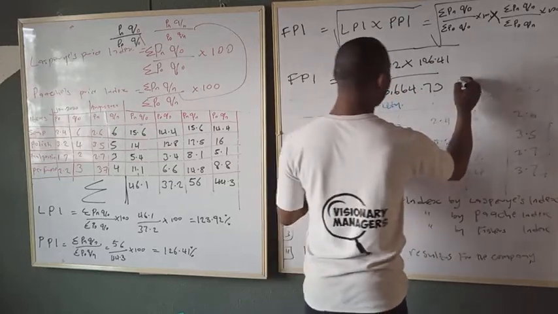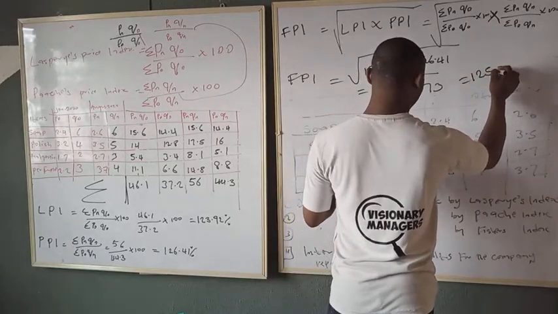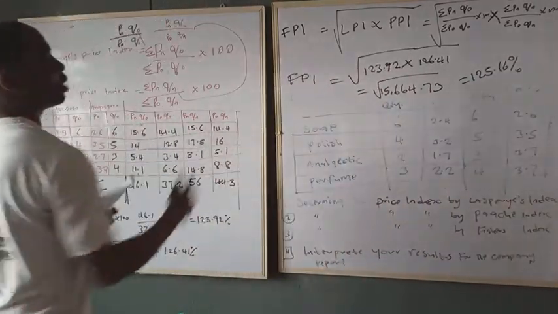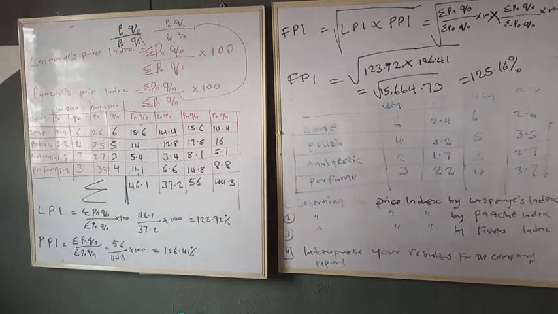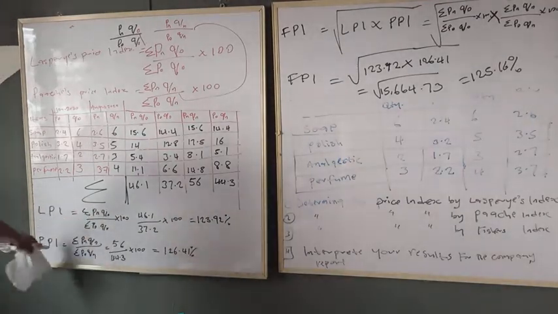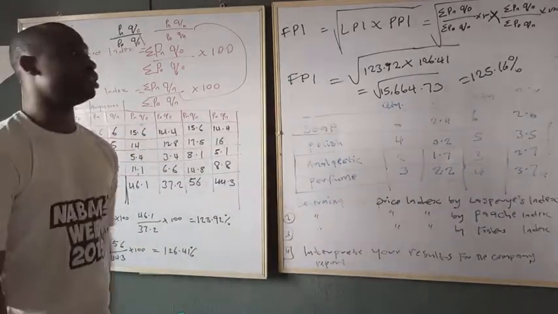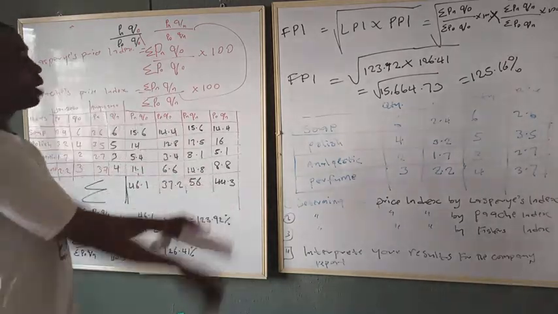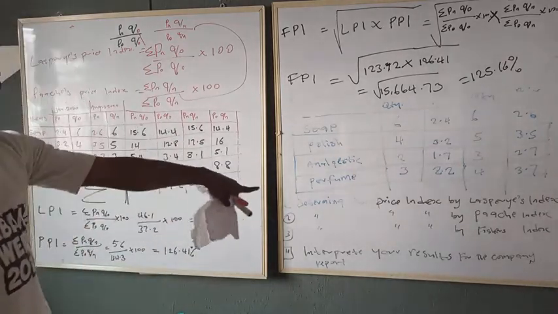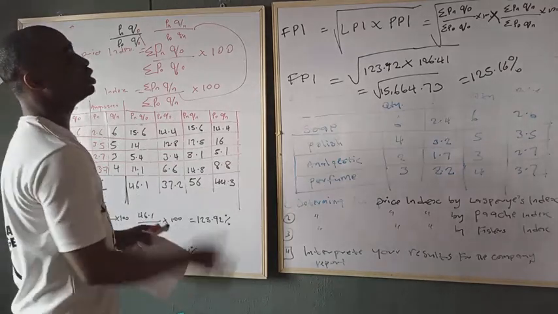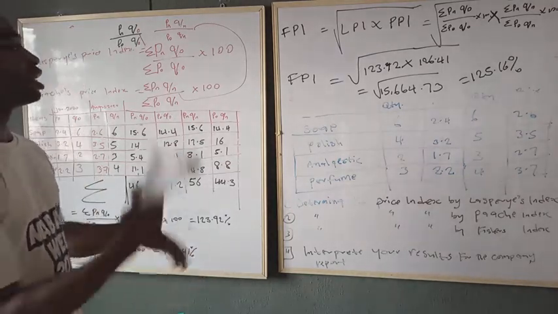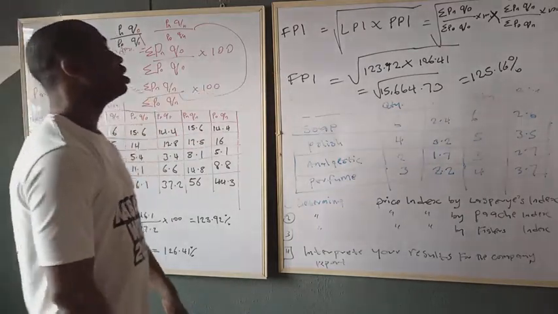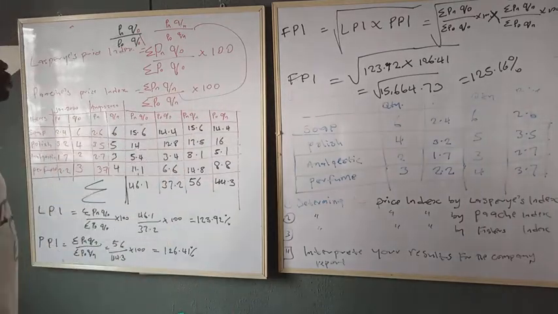You now do the square root, and it gives you 125.16%. So this is Fisher's price index. So this is the Laspeyres price index, this is the Paasche price index, and this is Fisher's price index. In this particular question, they didn't put Fisher's price index, so I was the one who added it in case you meet a question that has Fisher's price index. So we are done with what we are asked.